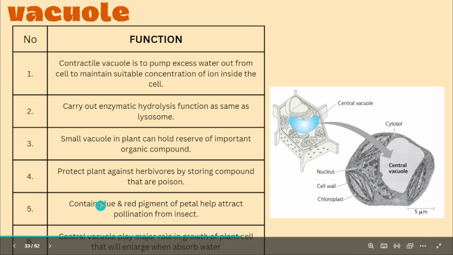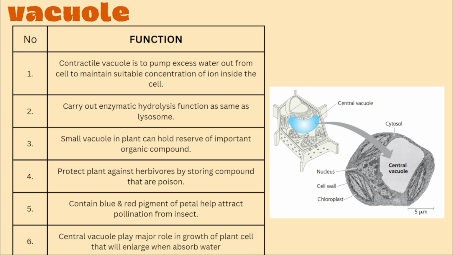That is one of the major characteristics. Another one is that it also contains blue and red pigment to attract pollination by insects. And another one is that the central vacuole plays a major role in the growth of the plant cell, which will enlarge when it absorbs water. In plant cells they will enlarge, and when the size of the cell is large, they require a lot of water so that the cells can be enlarged.